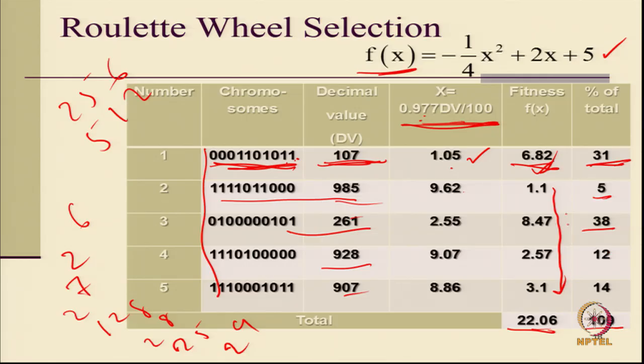So I can arrange them in ascending order: 1.1 is 5%, 2.57 is 12%, and the next one is 3.14, then 6.82 is 31%, and this is 14%.